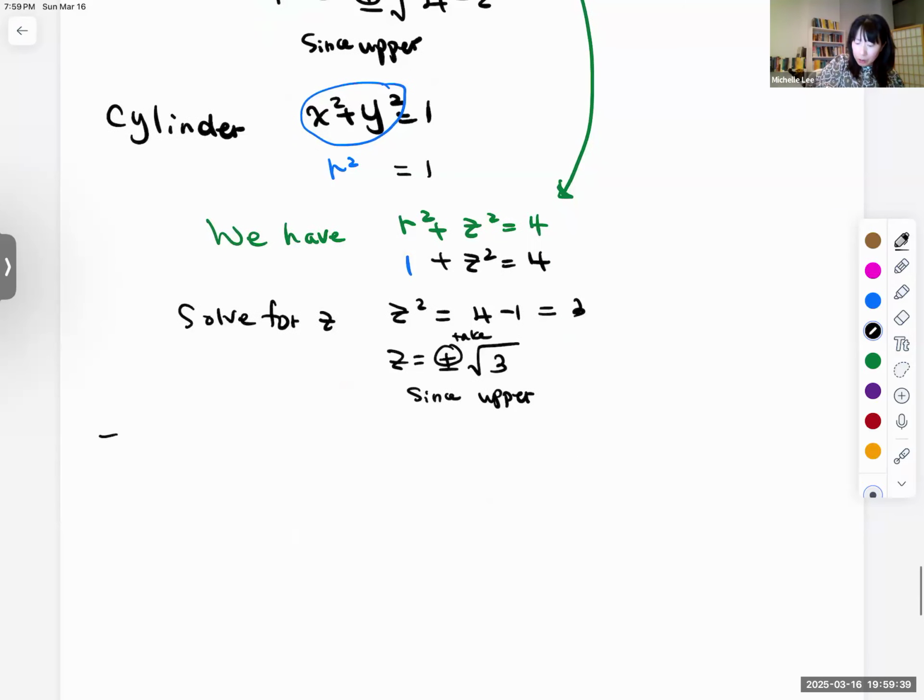So region 1, which is the upper, z equal to square root of 3, right?